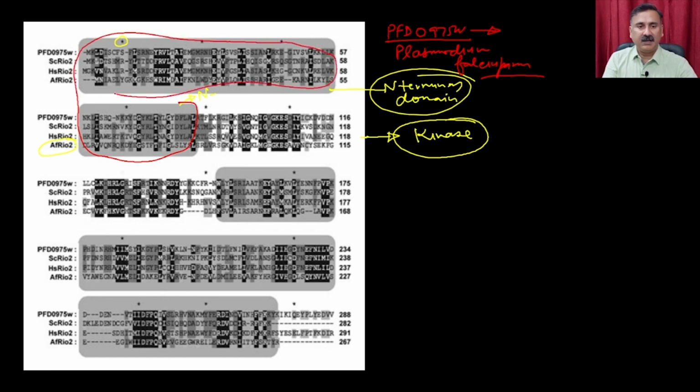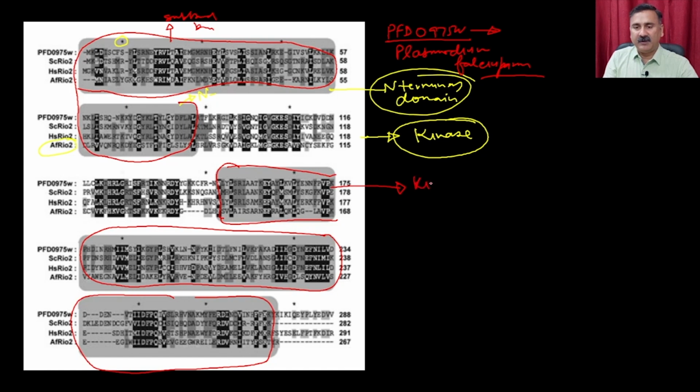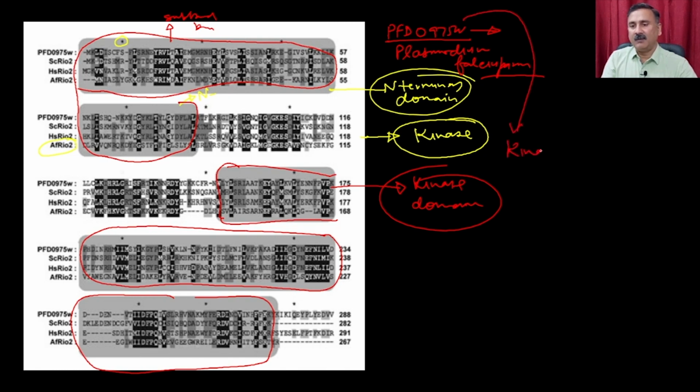It is going to be responsible for the substrate binding, whereas this sequence, what you see, because it is matching exactly with another homologous protein, is the kinase domain. Based on this, we have said that PFD0957W is a protein kinase, and it is going to have substrates.